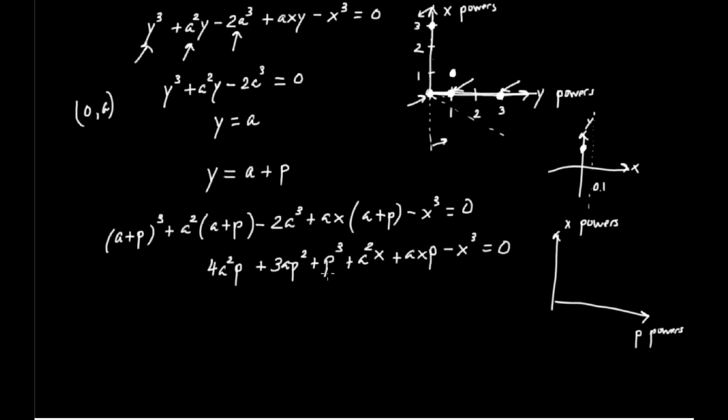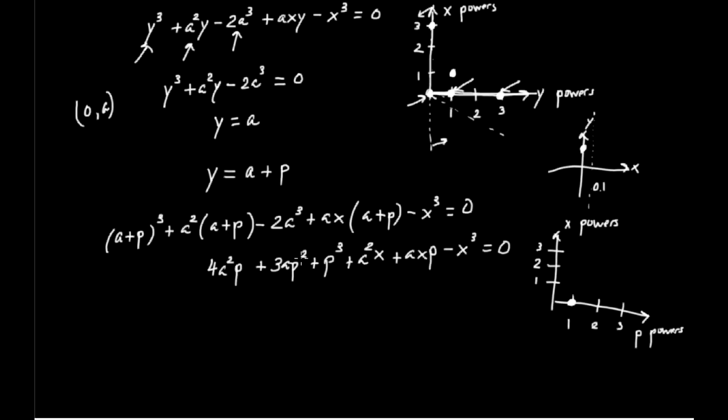And let's now make this graph here. I see that the highest power for p is going to be 3. So I have 1, 2, 3. For the x's, I see that the highest power is going to be 3. 1, 2, 3. And now let's plot the points. This first term, I see that it's no powers in x, but 1 in p, so I'm going to plot it right there.